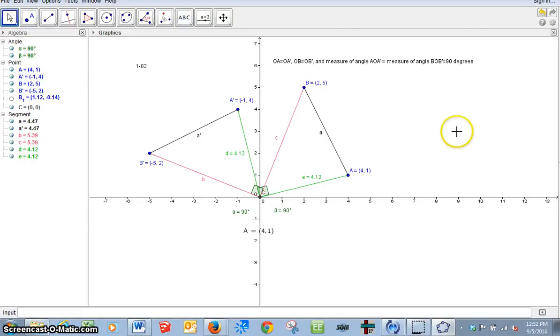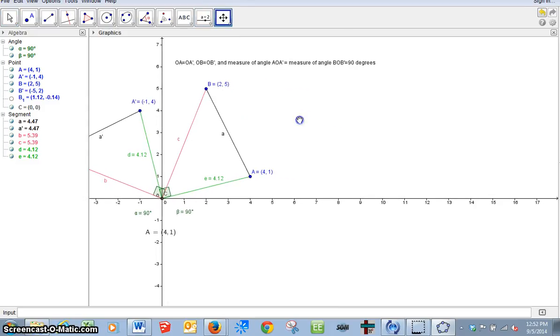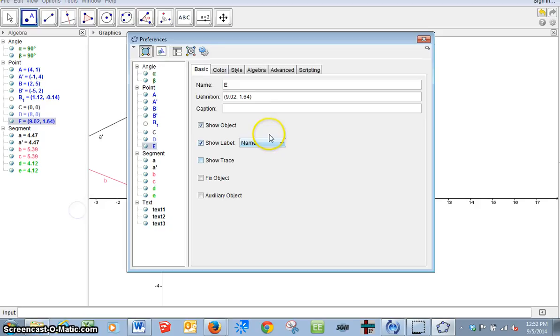So that idea will continue if we were to take a different set of points, maybe at 8, 0 and 9, 2. Let's change that to 9, 2.